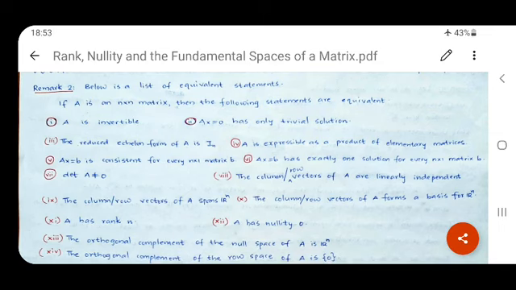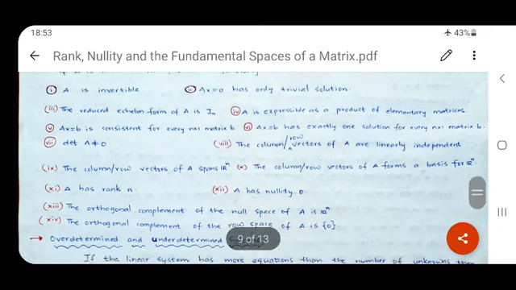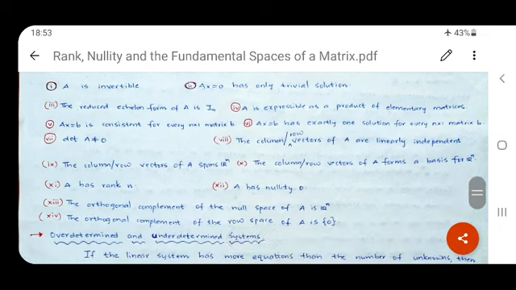Then determinant of A is different from 0. Then the column or row vectors of A are linearly independent. The column vectors are linearly independent. Similarly, the row vectors are linearly independent. Then the column or row vectors of A span Rn. The column vectors span Rn. The row vectors also span Rn. The column or row vectors of A form a basis for Rn.